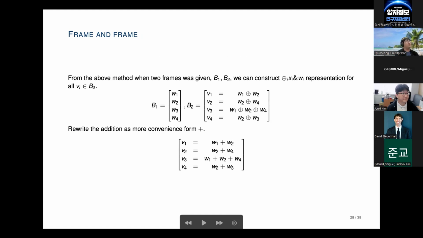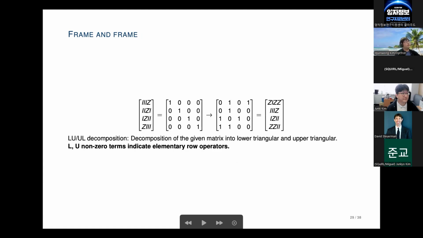If we require a new Pauli frame, in which all the Pauli elements are new relative to the current frame, then we just find the representation of the new frame, find the transformation, and decompose the transformation matrix with LU decomposition.